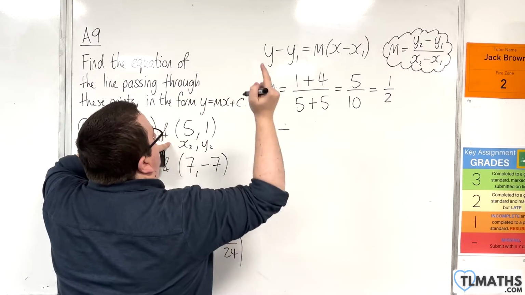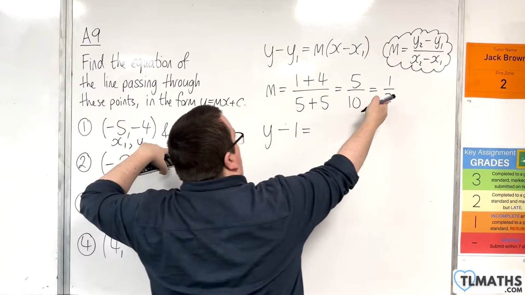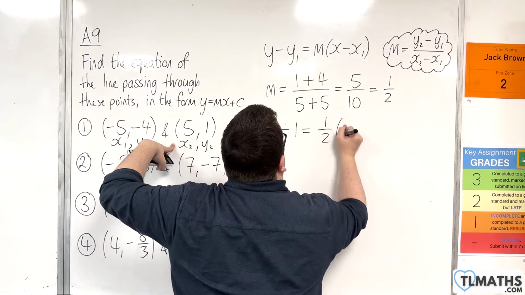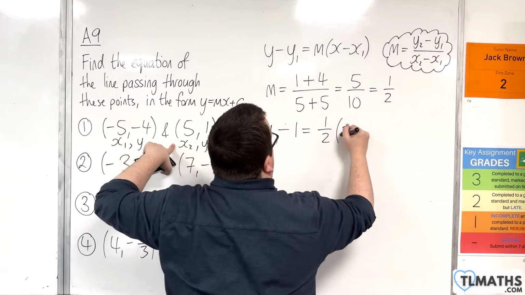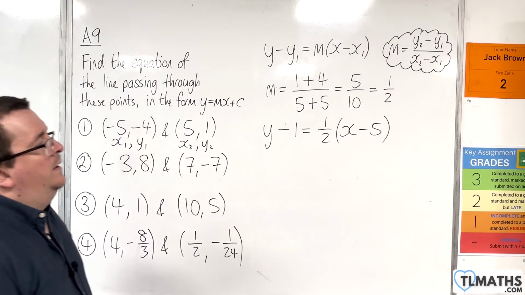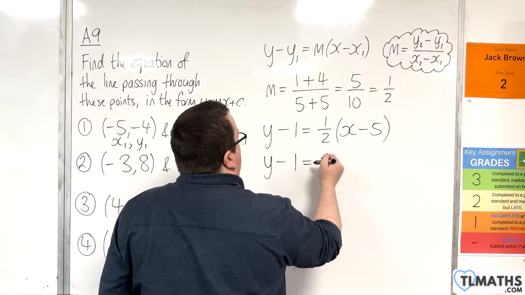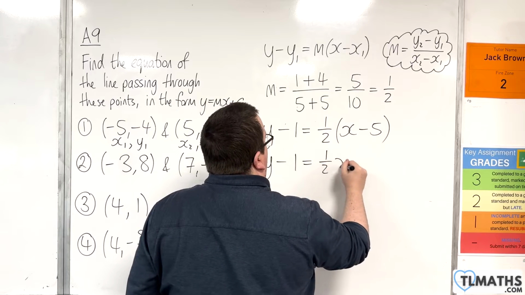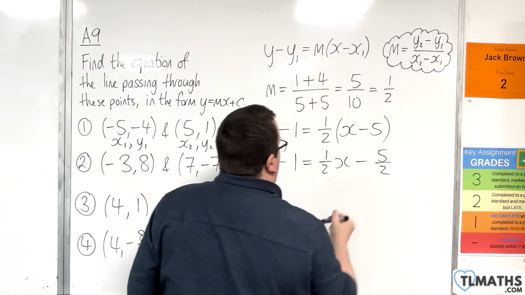So y minus y1, so y take away 1 is equal to m, which is the 1/2, times x take away x1, so x take away 5. So we multiply out the right-hand side. 1/2 times x, 1/2 times minus 5 is minus 5/2.